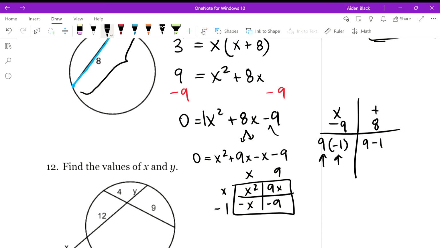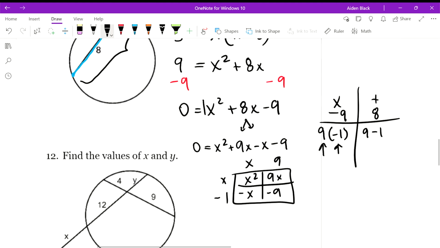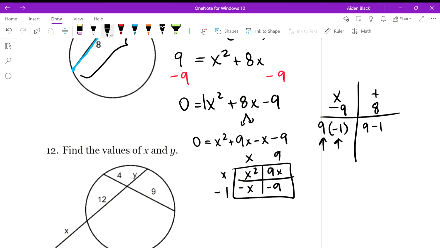That makes sense, right? x times x is x squared. Negative 1 times x equals negative x. Negative 1 times 9 equals negative 9. As well as x times x equals x squared, and x times 9 equals 9x.